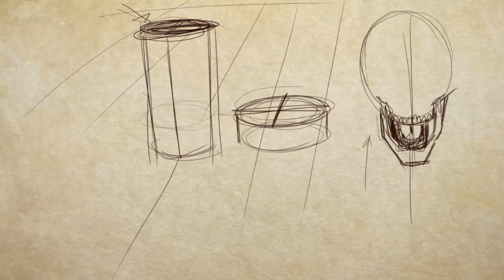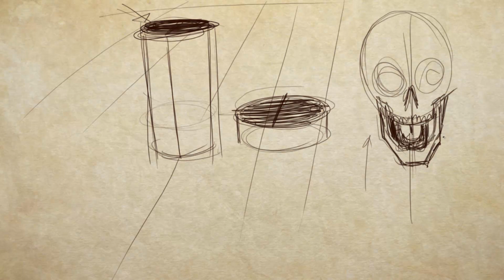Like here, we only see this much, and then here we see more, because this is now moving into perspective. You have to think about the perspective. So you have this situation.